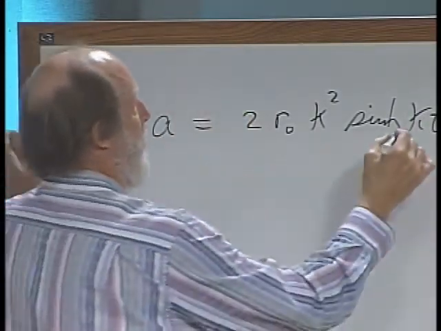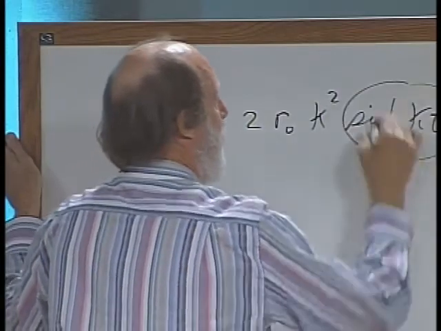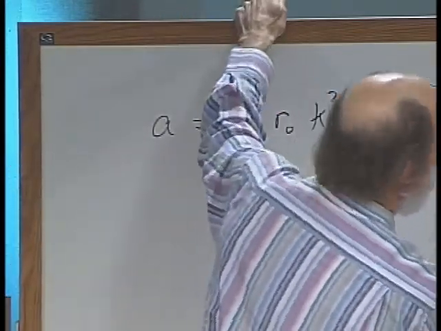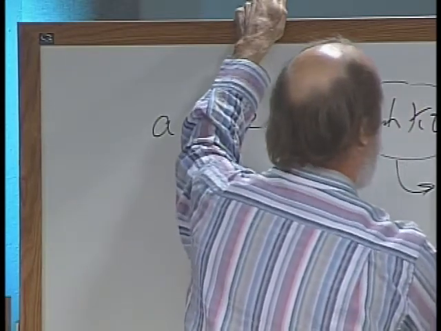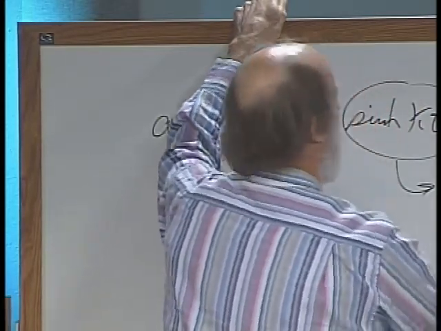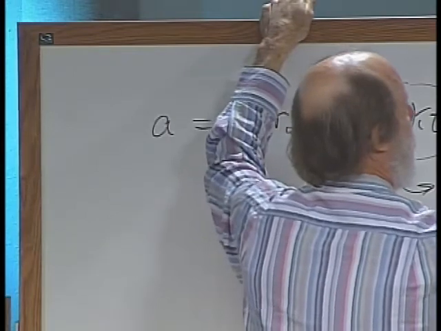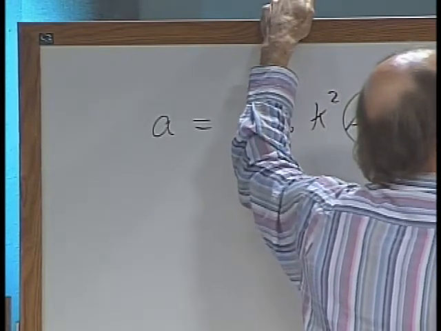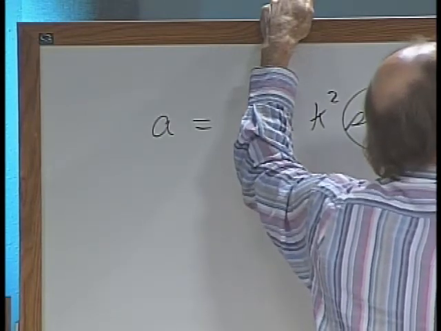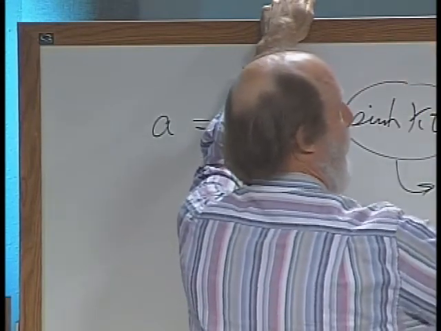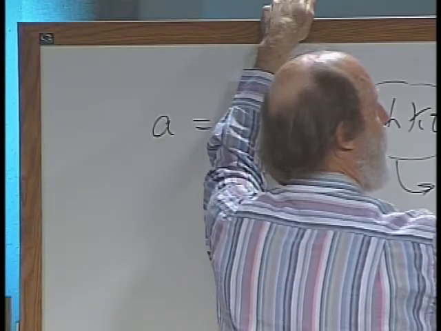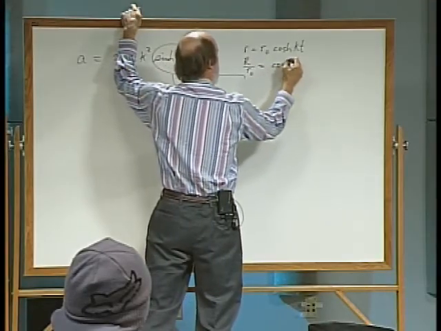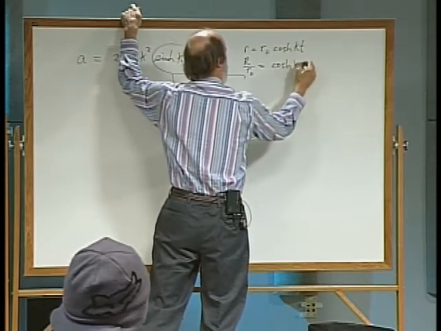What we're doing is coming in here and replacing this expression with the radical because our initial r was given to us as r naught hyperbolic cosine of kappa t, and at capital R, capital R over r naught is going to be the replacement for the hyperbolic cosine expression.